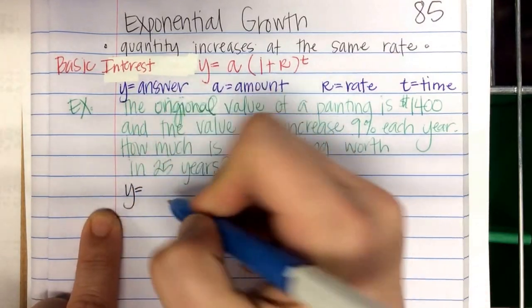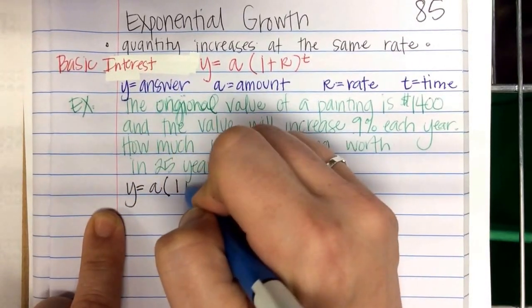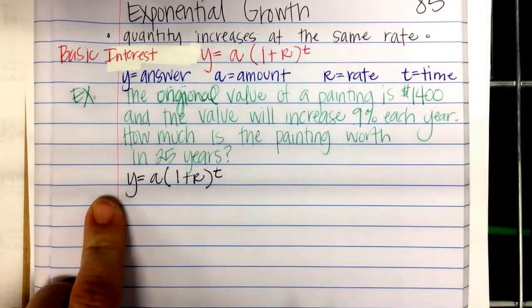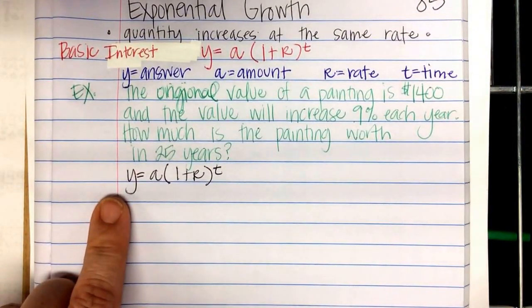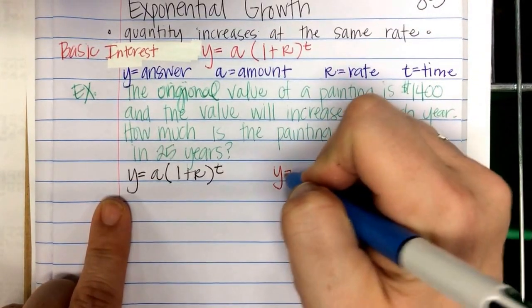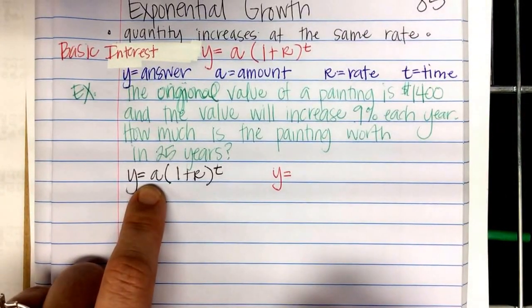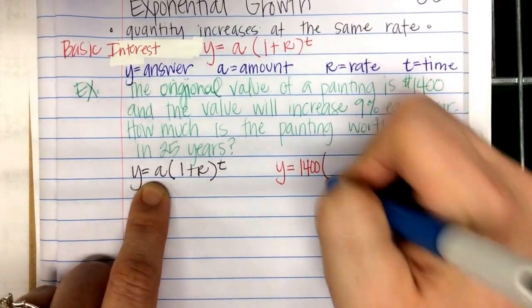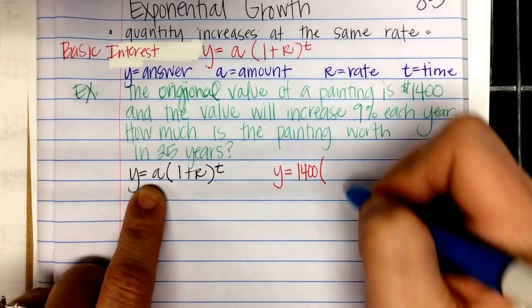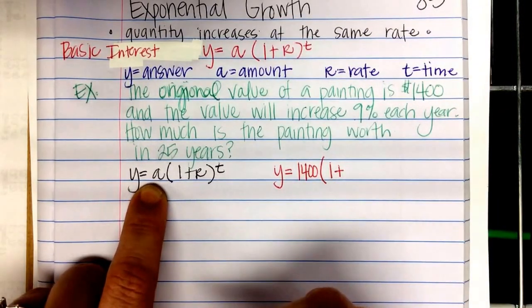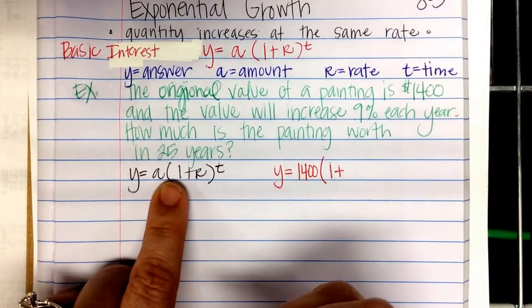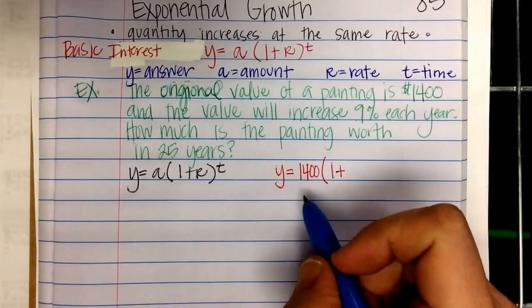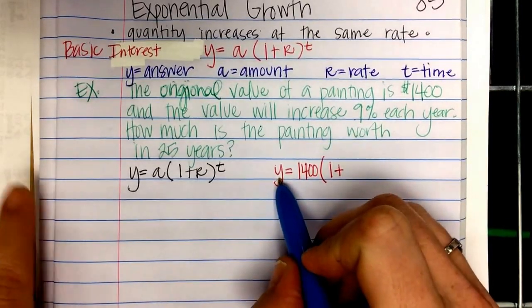The formula, y equals A times parentheses 1 plus R to the power of T. We're going to substitute. Y is my answer, equals, what's A? What's my amount? 1,400. 1 plus, what's my rate? Good, Arlo, it's not 9. Substituting, so we have y as our answer.